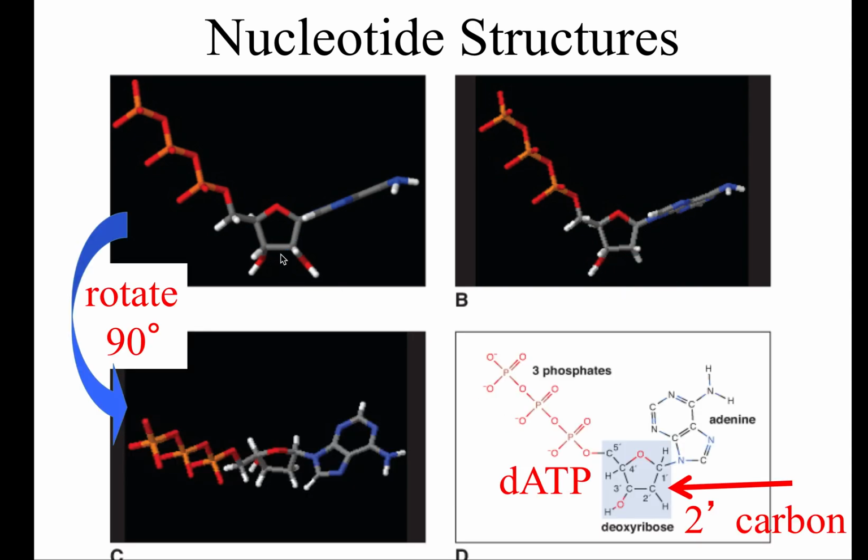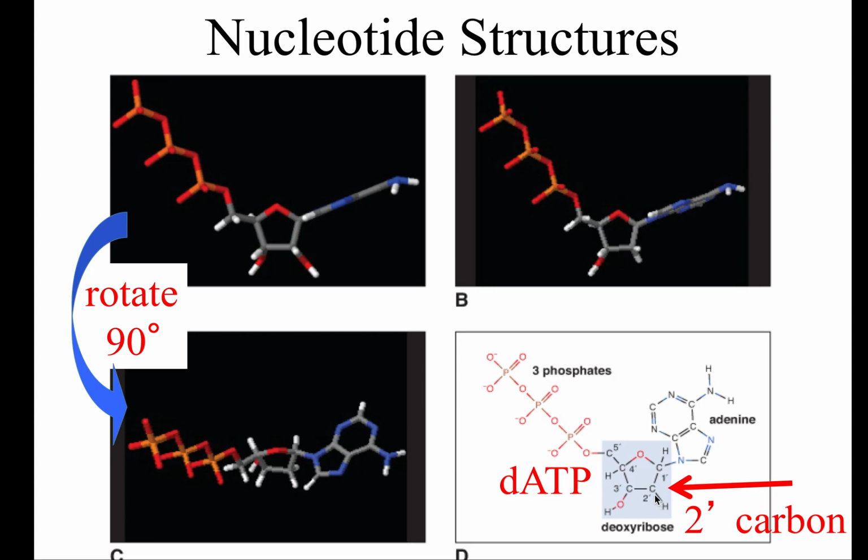Okay, and if you rotate this structure 90 degrees, or if you draw it in a different direction, here's those 3 phosphates, here's the sugar, and here's the adenine base. Again, this part is different between A, T, C, and G, adenine, thymine, cytosine, and guanine. This part is going to be the same in all DNA molecules. This part is going to be the same in all DNA and RNA molecules.